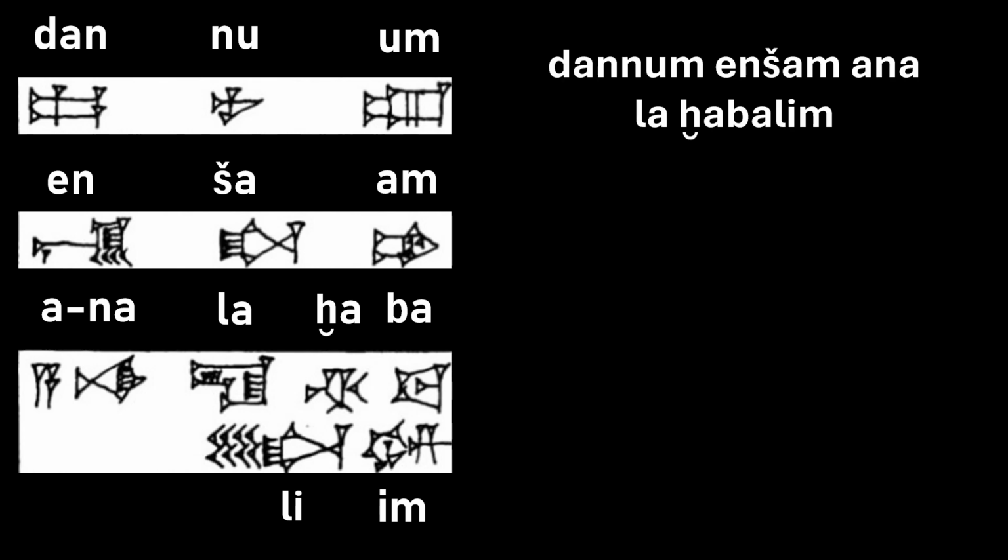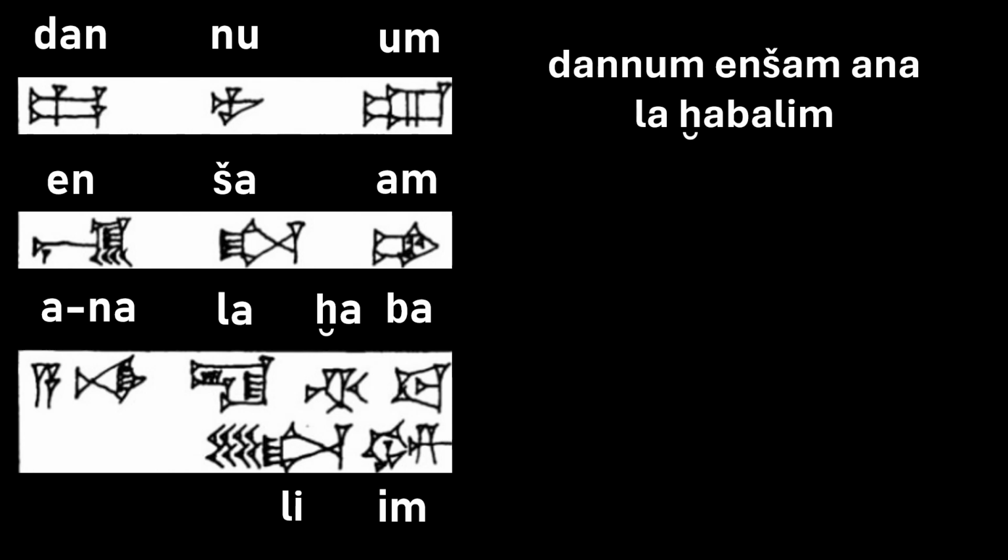What does it mean? Dannum means the strong. It means the powerful. Ensham, on the other hand, means the weak. Ana is a particle that stands for so that. And la is the negative particle. So it means not.